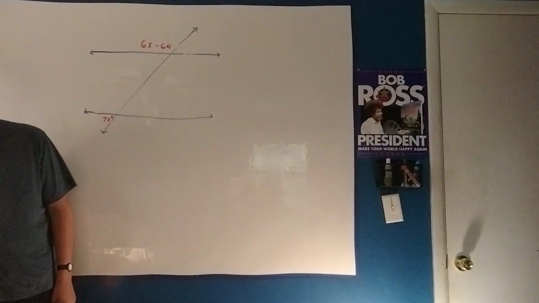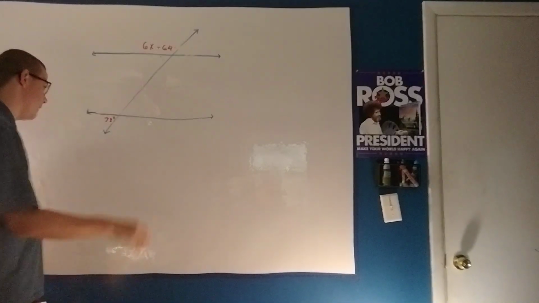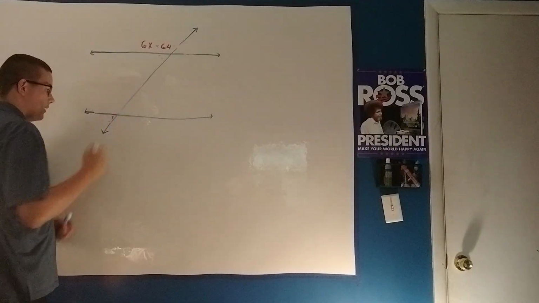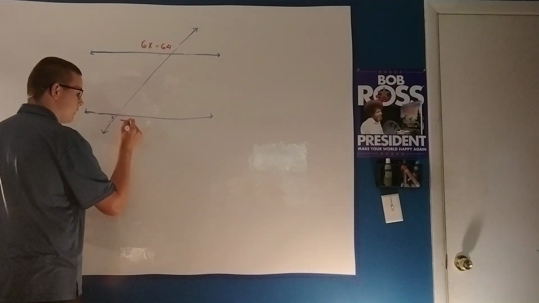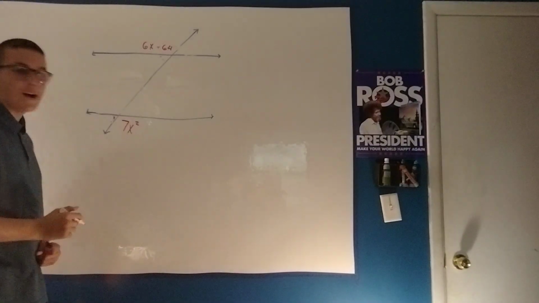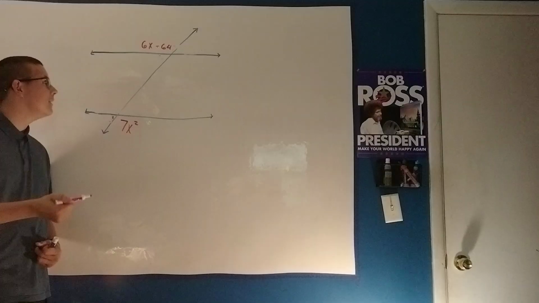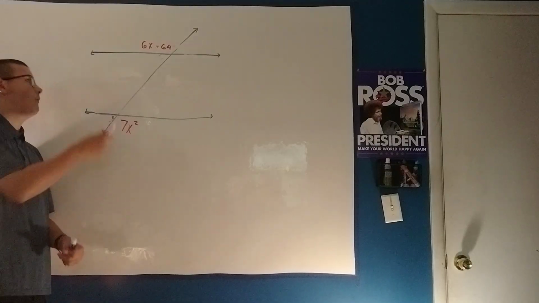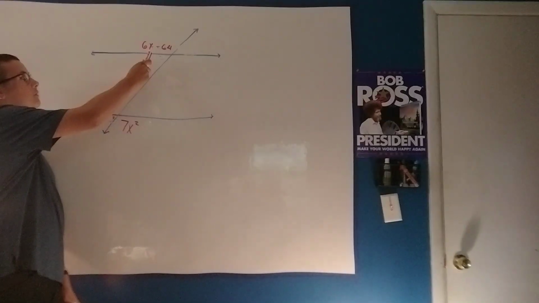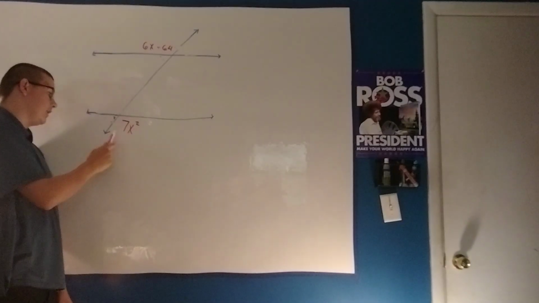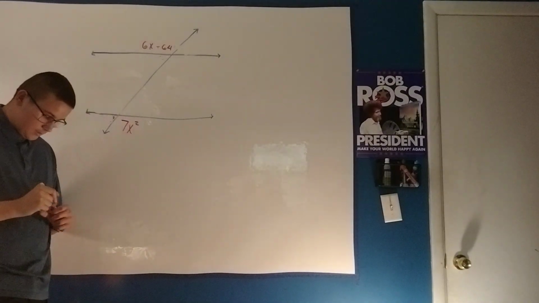No, I am not right. I might reshoot this part. I've made so many mistakes. Again, I apologize. This is the final form of it. We have 6x minus 64 and 7x squared.